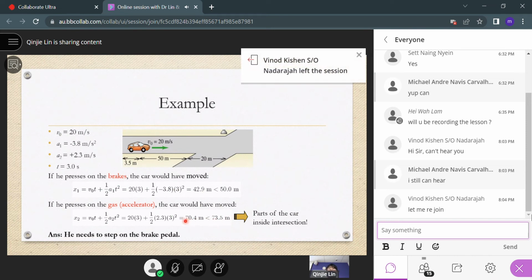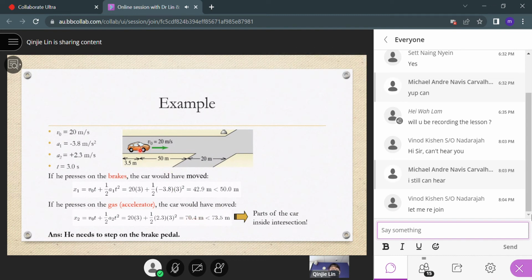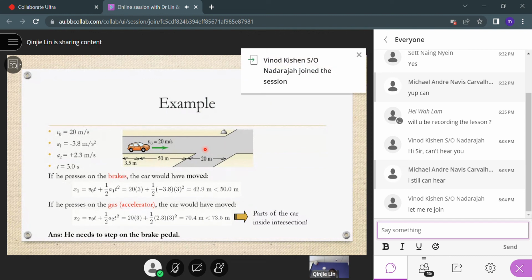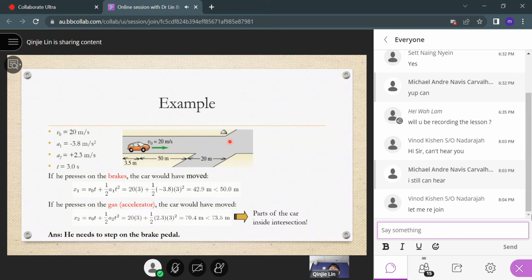In other words, if you move forward 70.4 meters, the backside of his car will still be inside the intersection. Okay, so it's slightly some logic kind of thing. So to answer this question, he needs to step on the brake pedal to fulfill the criteria the question is asking for.